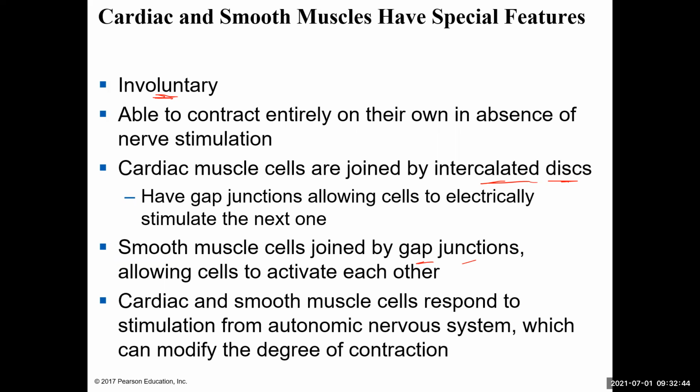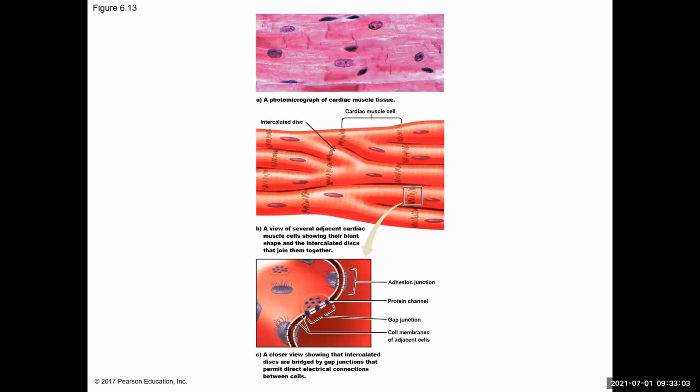And so the cardiac and smooth muscles are responding to the ANS, so stimuli from the autonomic nervous system. And we'll talk all about that when we talk about the nervous system itself. And that ANS can actually modify the degree of contraction and the rate of contractions for those different muscles.